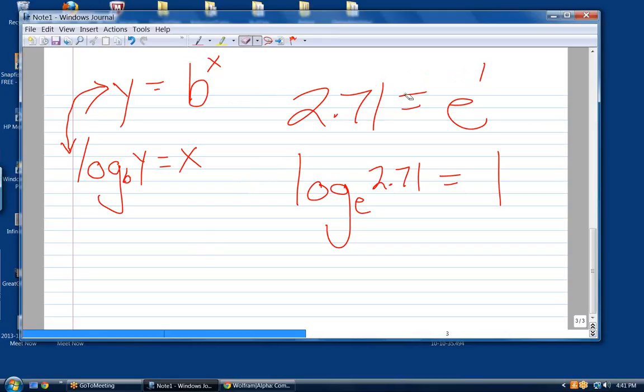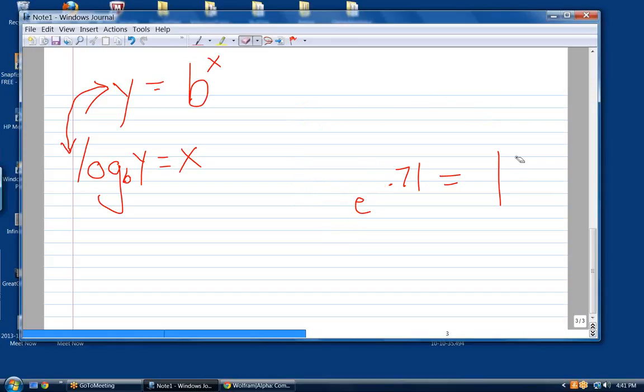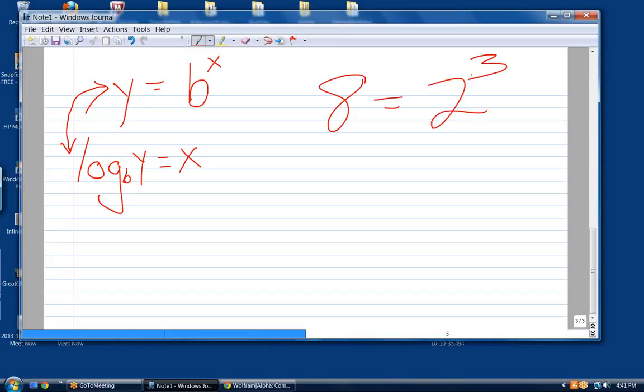Let's take a more common thing using e. Let's do e squared. Well, first of all, let's back up a moment. If I gave you this in logarithmic expression form, log of 2, 8 equals 3.